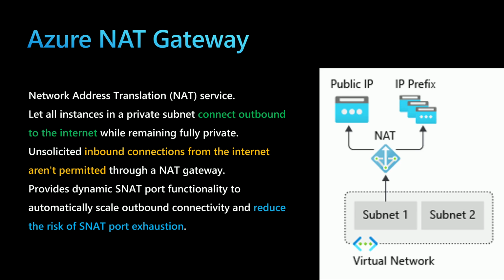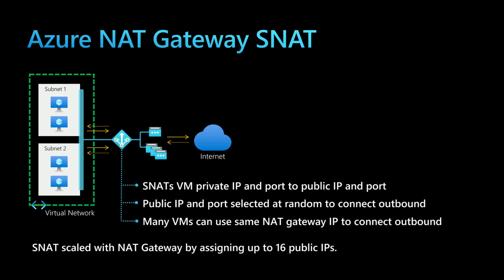The NAT gateway provides a dynamic SNAT port functionality to automatically scale outbound connectivity and reduce the risk of SNAT port exhaustion. How does it work? The NAT gateway will SNAT the VM private IP and port number to a public IP address and a port number. Those IPs would be provided either by attaching a public IP address to the NAT gateway or by attaching a public IP prefix.